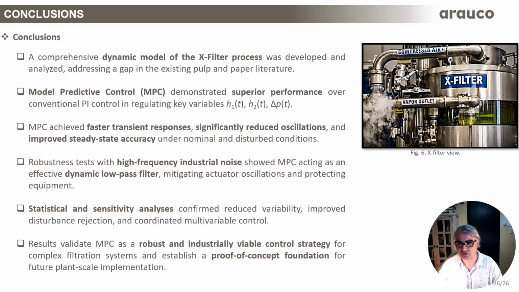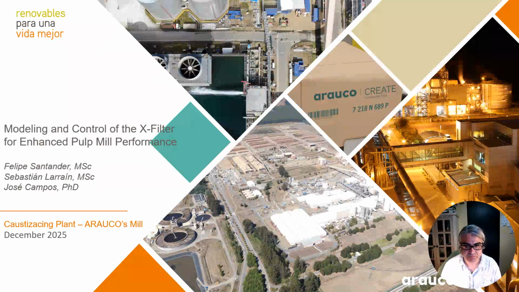Beyond improved control performance, MPC reduces actuator stress and enhances process reliability. Although this study is a proof of concept, it establishes a good foundation for future real-time implementation and industrial validation in pulp mill environments. That's all, and thank you for attending this presentation.